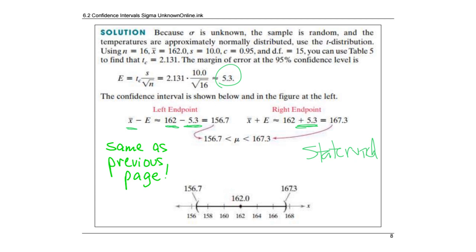And so they get the same confidence interval as well. So we are 95% confident that the population mean is going to be somewhere between 156.7 and 167.3.